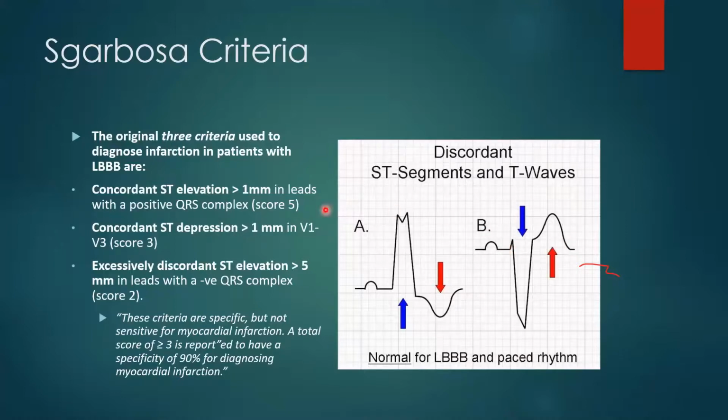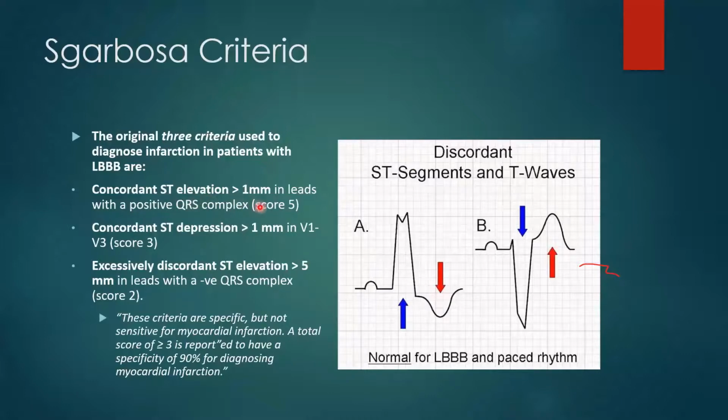With the Sgarbossa criteria, if they have concordant ST elevation, so like in A, if you flip this section upside down and it was elevated by greater than 1 millimeter, that would be a positive finding. So concordant ST elevation, or concordant ST depression, as you can see in the next one.